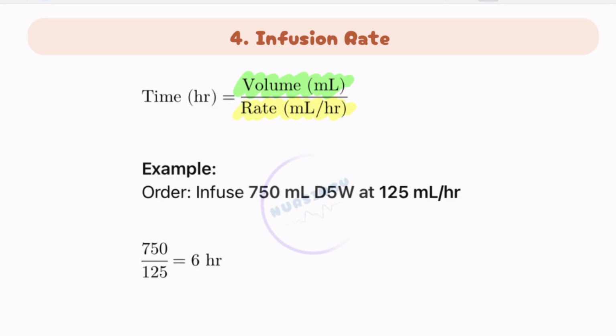We need the volume first, which is 750 ml, and then the rate, 125 ml per hour. When we divide 750 by 125, we get the answer 6 hours. So this is very important, to find out how long it's going to take.